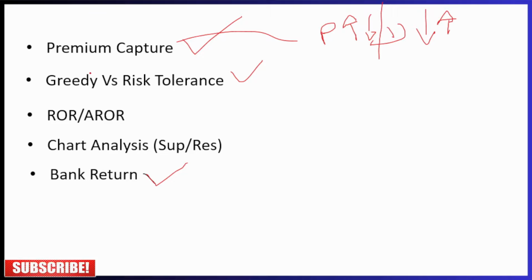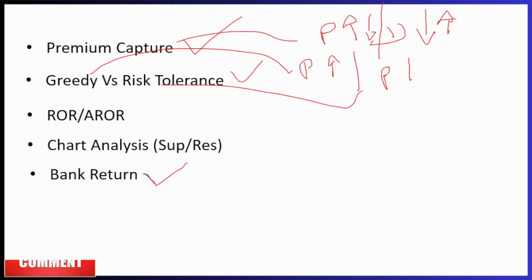If you are greedy, you're going to go to a premium that is higher. If you are risk averse, you're going to go to a premium that is lower. You need to understand what kind of investor you are, what kind of trader you are. But of course, all with the long-term investment in mind. Don't forget about that.